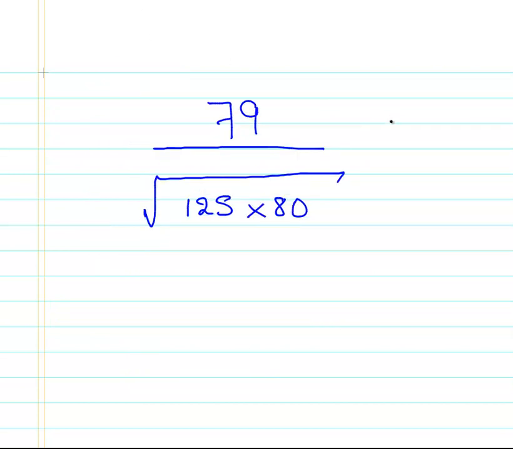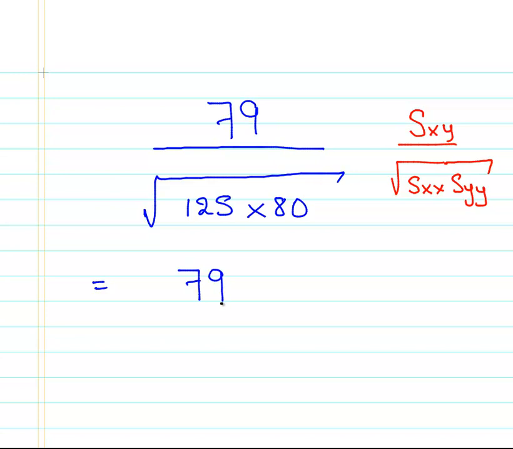So here we have it: SXY over the square root of SXX times SYY. Let's calculate that out. 79 is left alone.